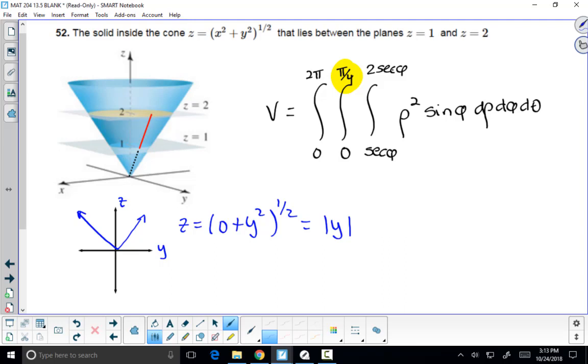That perfectly bisects that quadrant, which makes this pi over 4. If we had a steeper cone, we wouldn't bisect here. Because we end up with absolute value of y, that bisects, so that tells us for sure that it's pi over 4. If this was a steeper cone, like if there was a 3 or a 4 out in front, we would have to figure out our phi by projecting into the YZ plane.